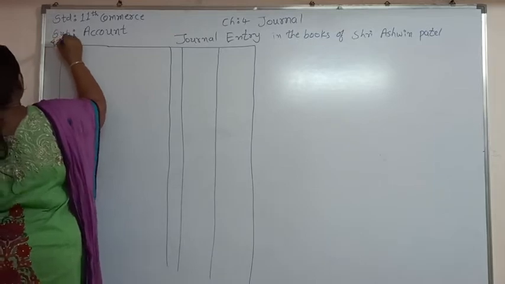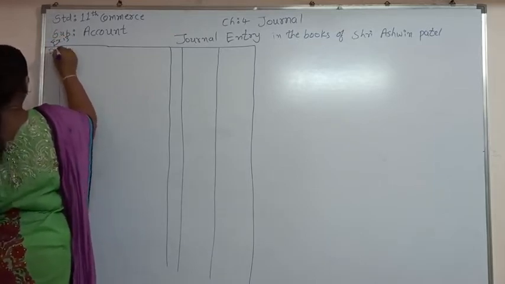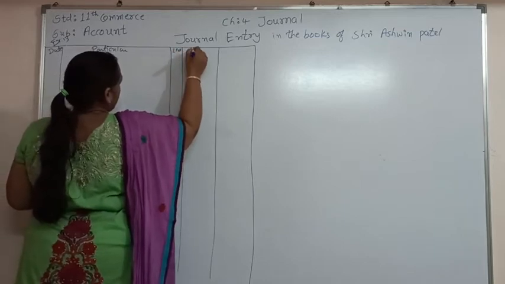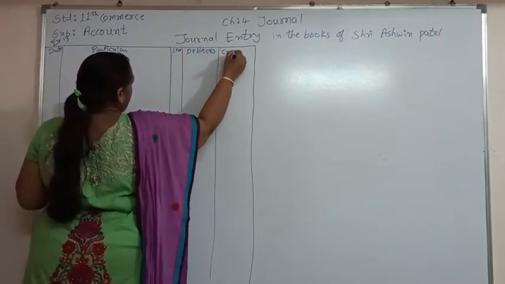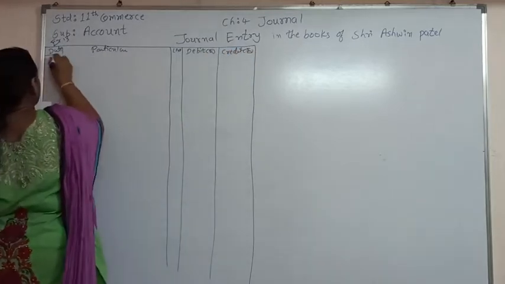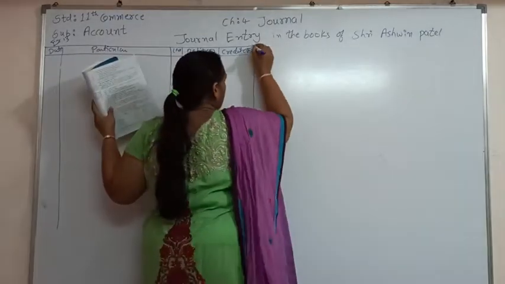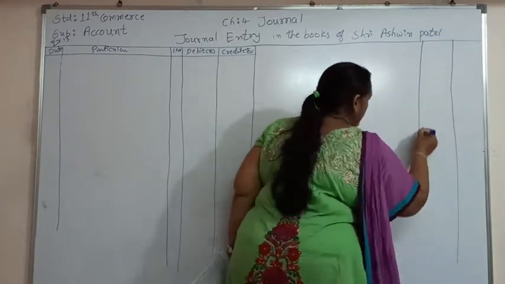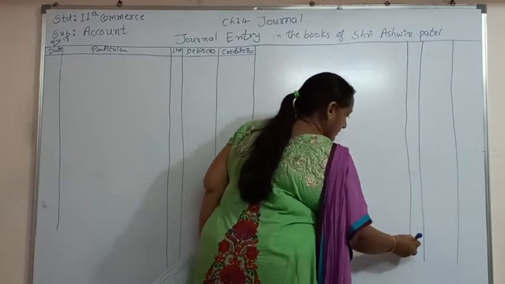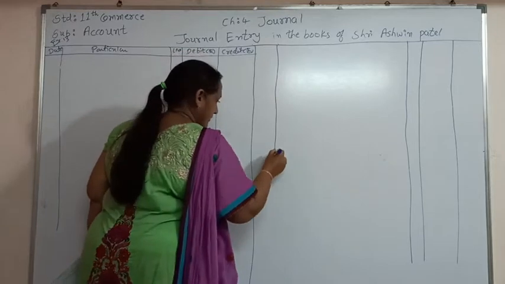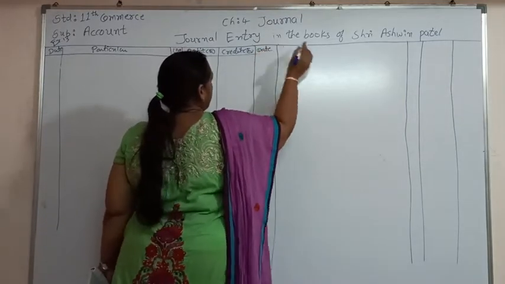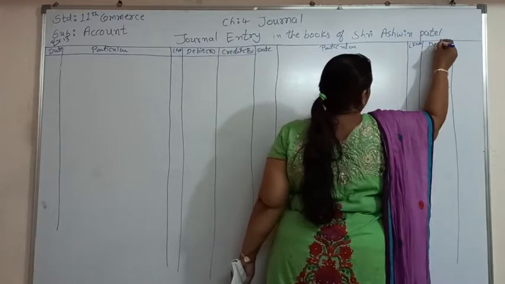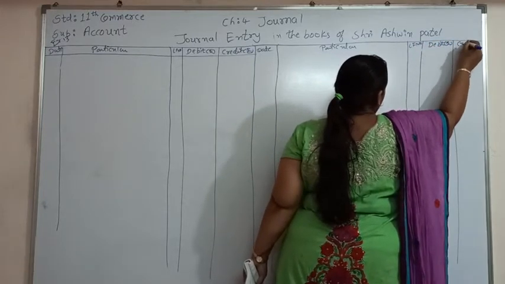So example number 13: date, particulars, ledger folio number, debit rupees, credit rupees.